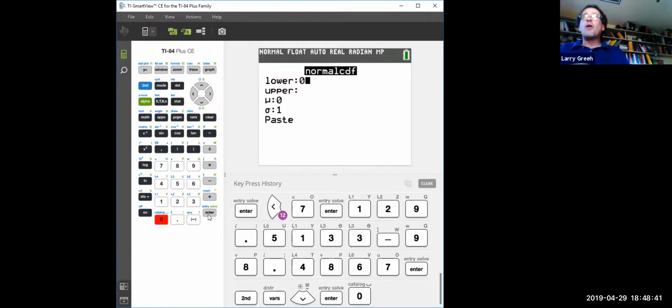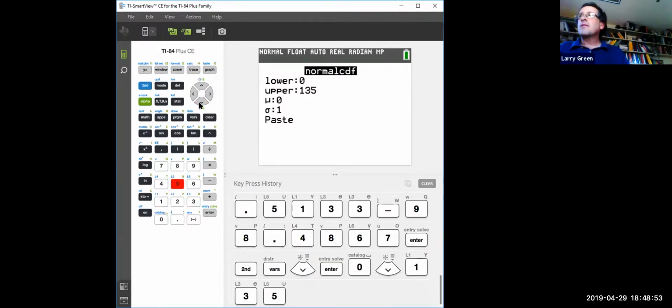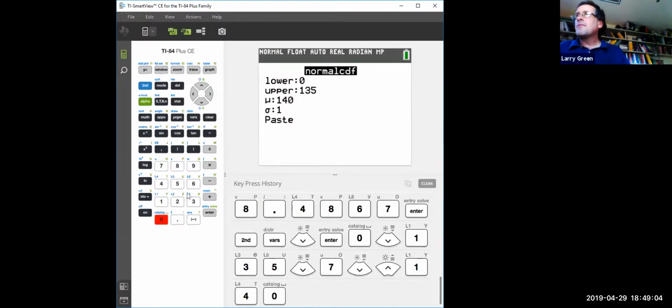The lowest the baby could be born is right now. It turns out it doesn't matter for this problem. And then the upper was 135. Our mean was 140, and the standard deviation was 7. Any questions before I hit paste?